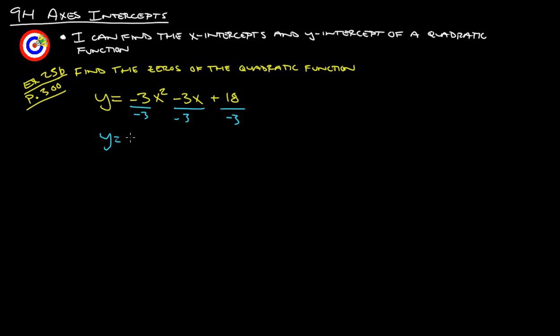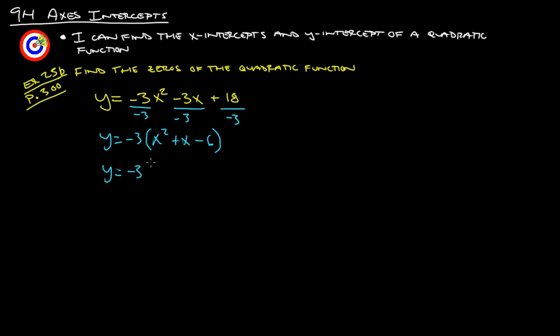So y is going to equal negative 3 times, and that's going to leave us with x squared plus x, and then 18 divided by negative 3 is negative 6.